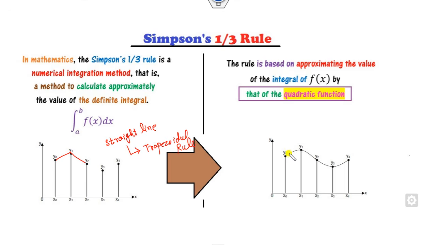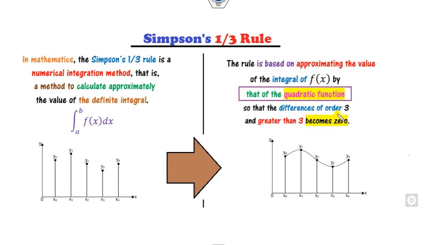However, if you join them with a quadratic function like y equals ax squared plus bx plus c, then what is the third derivative? 0. What is the fourth derivative? 0 and so on. So it means the derivatives of order 3 or greater become 0.